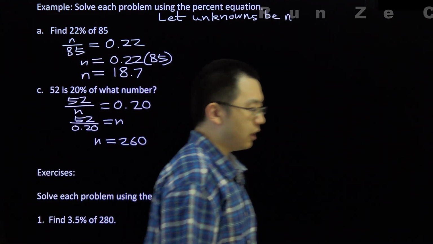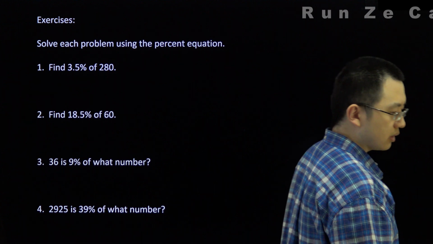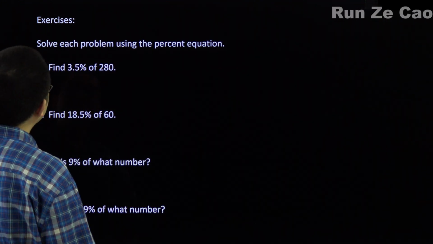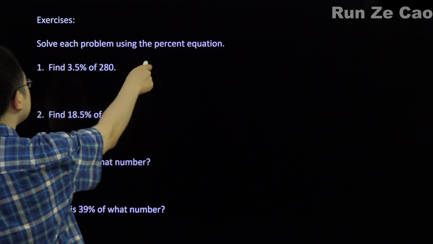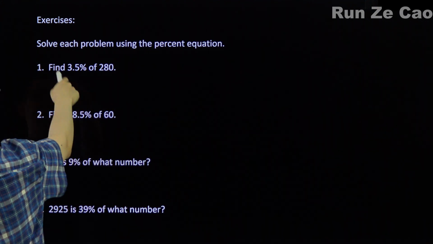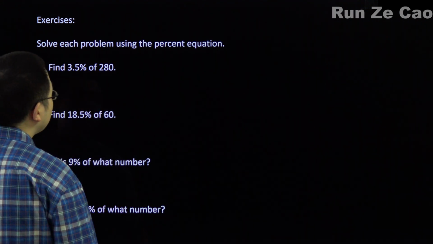Now, solve each problem using the percent equation. Let's do some exercises. Find 3.5% of 280. It says use the percent equation, so we can't just go 0.035, so 3.5%, times 280 and be done with it.